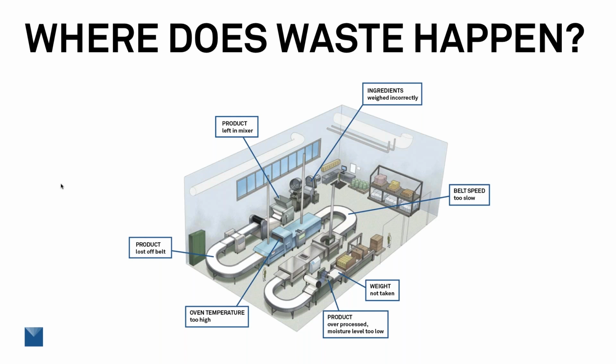So, for instance, if you digitally record the weight of the ingredients going in and the amount of water added, then it's possible to link back to those original values when trying to figure out how to optimize the system. If you can track any product that's lost off the belt and goes into scrap, if you weigh that before you send it out and link it again through the system to the batch that it belongs to, then it's possible to track that and see exactly what contribution that is.